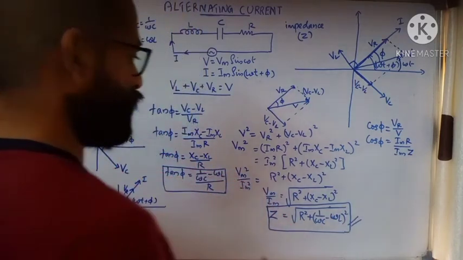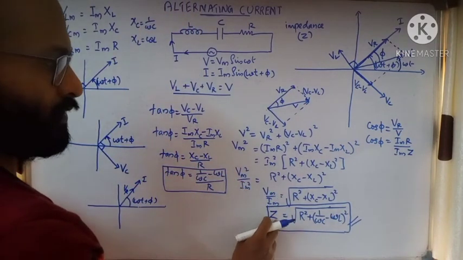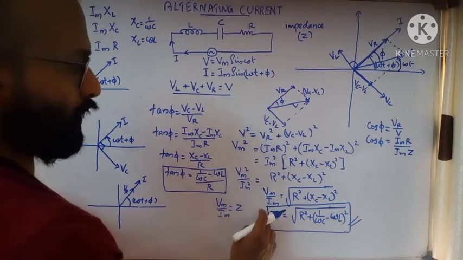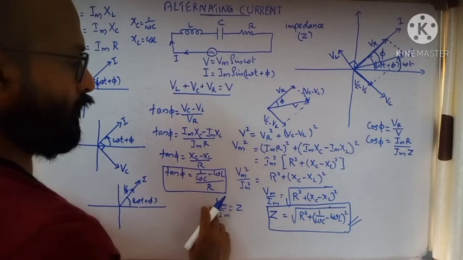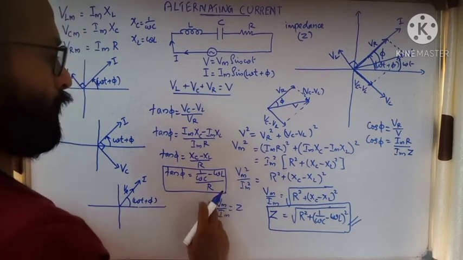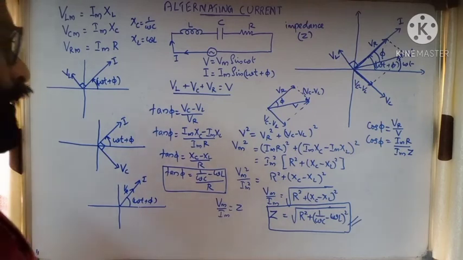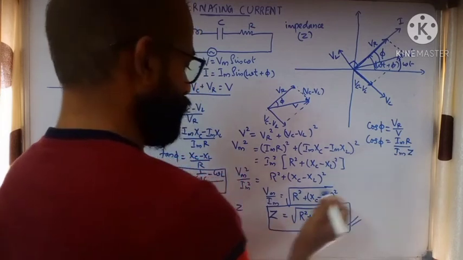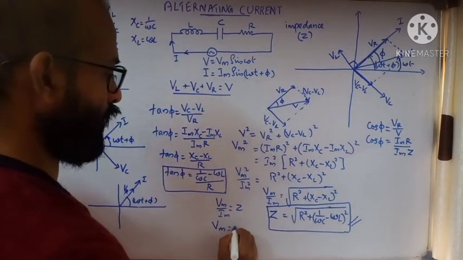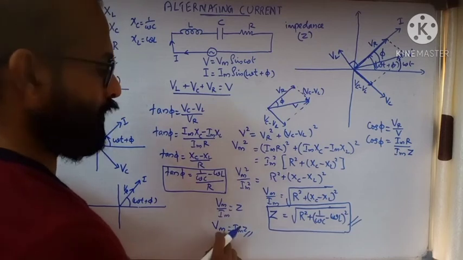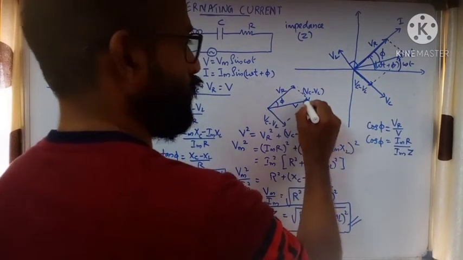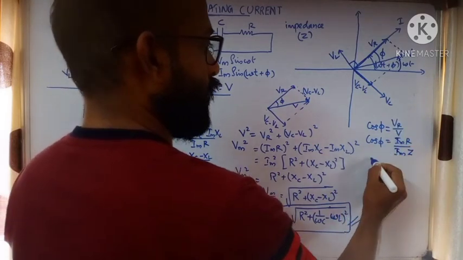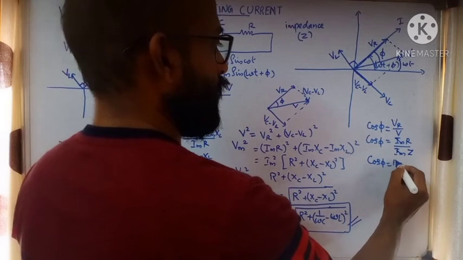Im into Z will be V. We have seen Vm by Im is equal to Z. Then Vm is equal to Im into Z. The length of vector V is Vm, so we can say Vm is equal to Im into Z. Cancelling, what will you get? Cos phi is equal to R by Z.